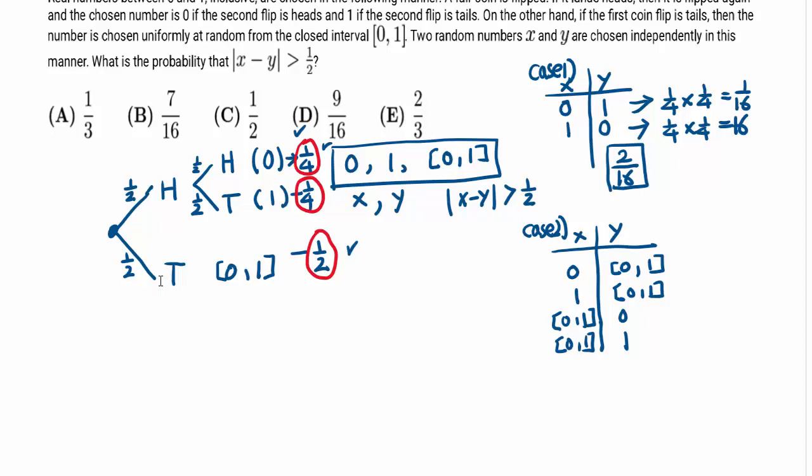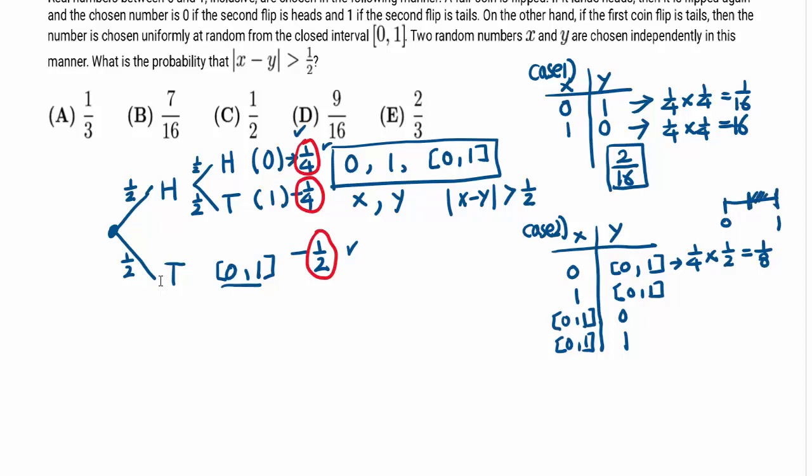So now let's find the probability. The probability to get a 0 is 1/4, times the interval over here, 1/2. It's going to be 1/8. But the difference needs to be greater than 1/2, so we take another half.